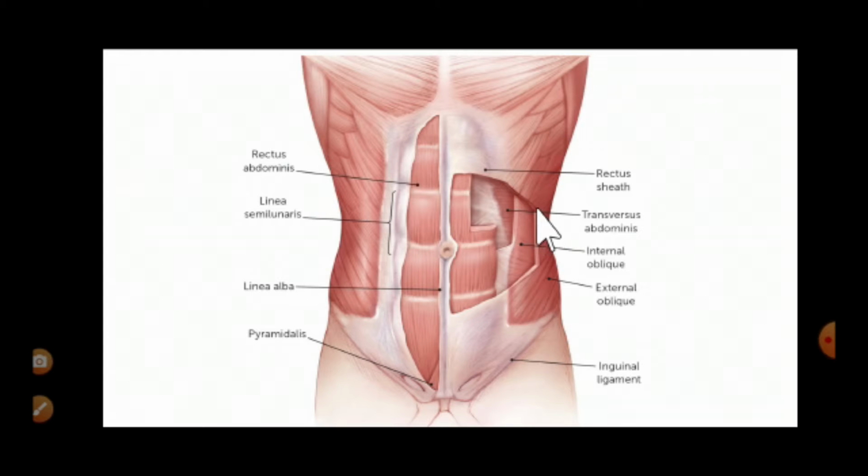Now here we can see that the external oblique muscle has been cut, and what we see here is the rectus abdominis muscle. On both sides of the midline we can see the rectus abdominis muscle. Then deeper to this external oblique muscle we have the internal oblique, and deeper to the internal oblique muscle we have the transversus abdominis muscle.